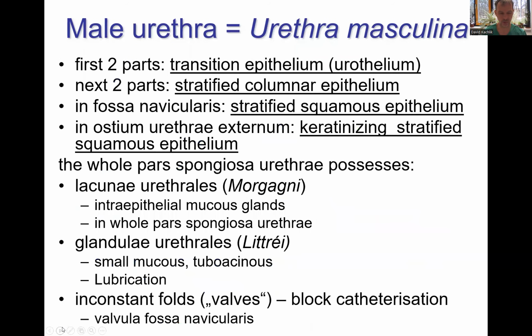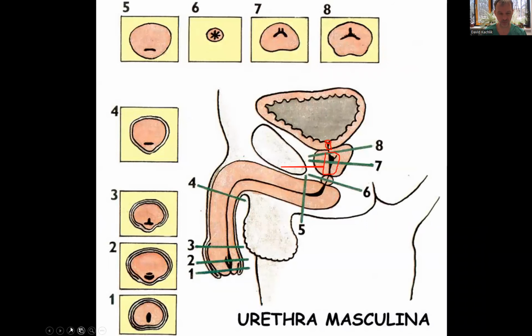So let's look how they look like. So the ampulla is the beginning in here, where the bulbourethral gland opens. Then you have a very narrow spongy part. So that's another narrowing. And then we have this enlarged navicular part. In this navicular part, you can see this septum. And it's a valvule.